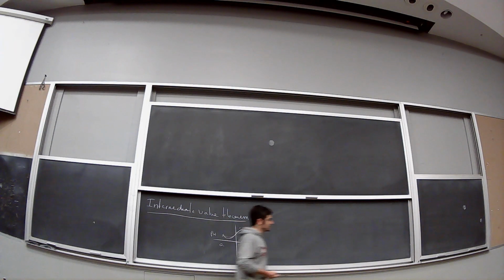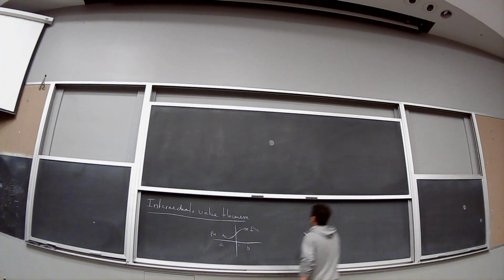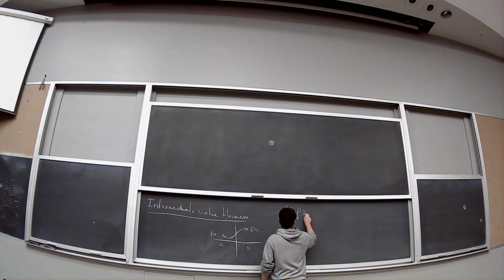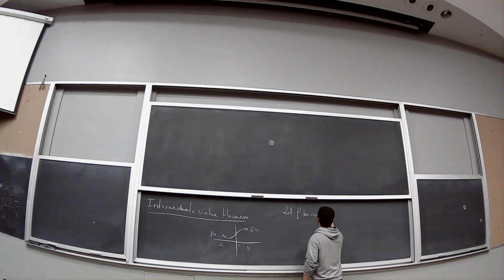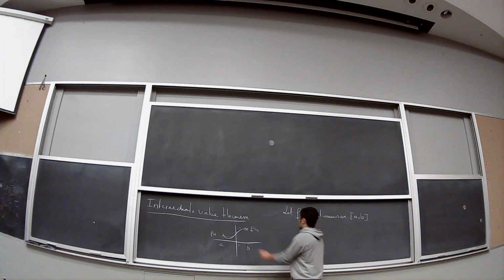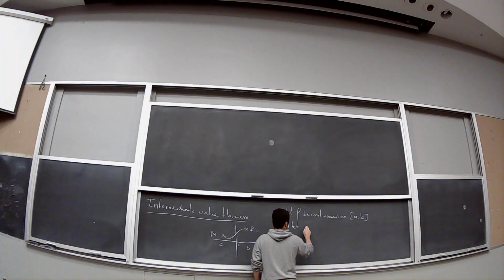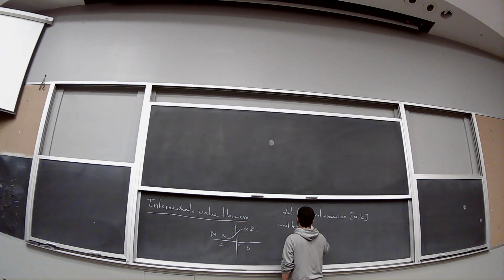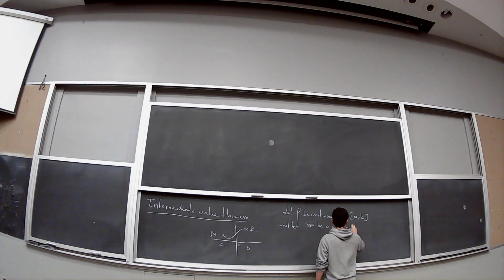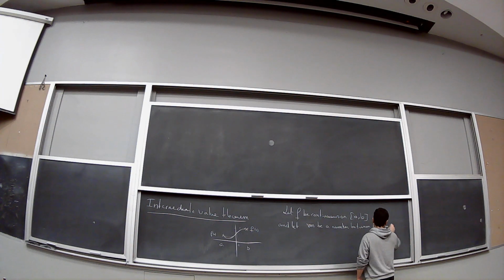Yeah, it's a proof by picture, and the proof is a bit more complicated. But let us say the theorem. Let f be continuous on AB. And let m be a number between f of a and f of b.